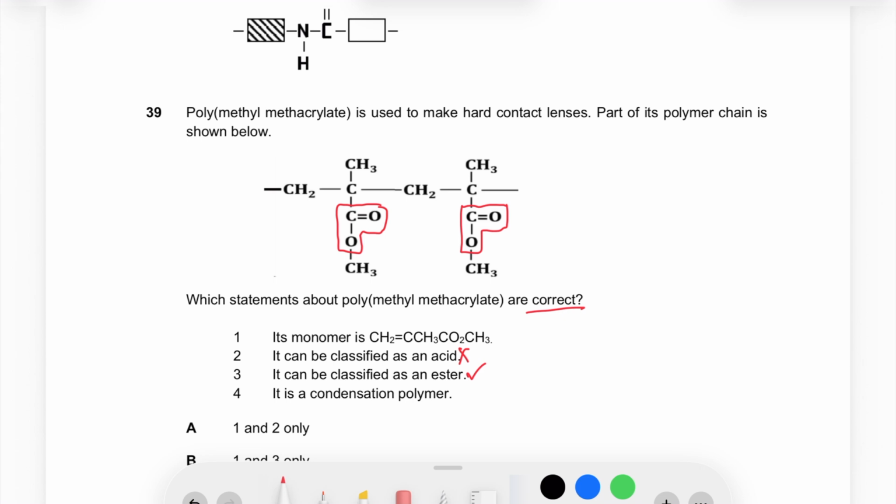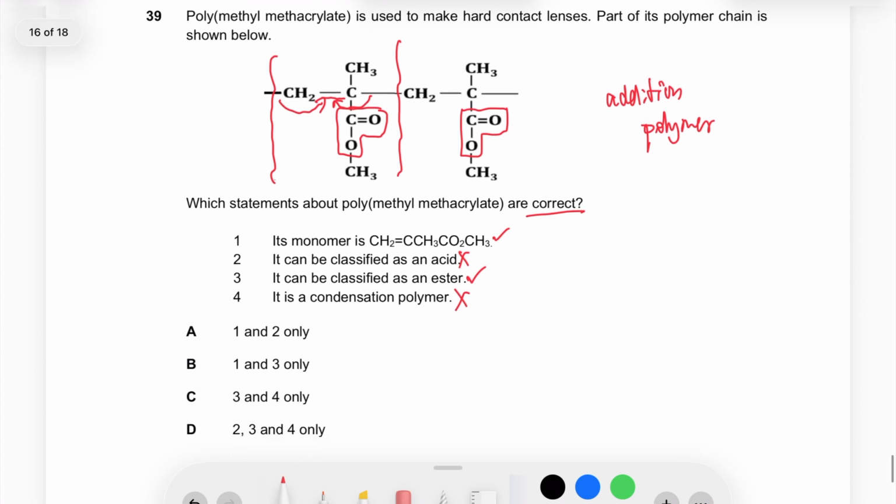It feels more like an addition polymer. If you break up the linkage, you form back your C=C double bond. Yeah, this makes more sense. So this one is actually an addition polymer, not a condensation polymer. So 1 and 3 make sense. So B.